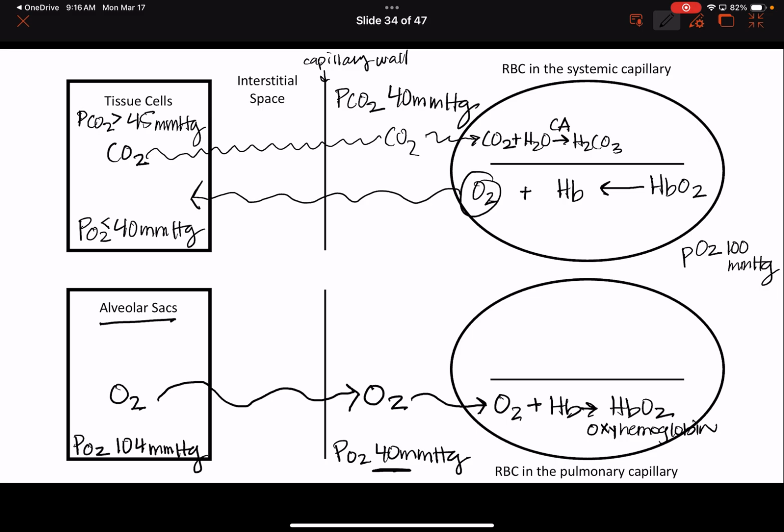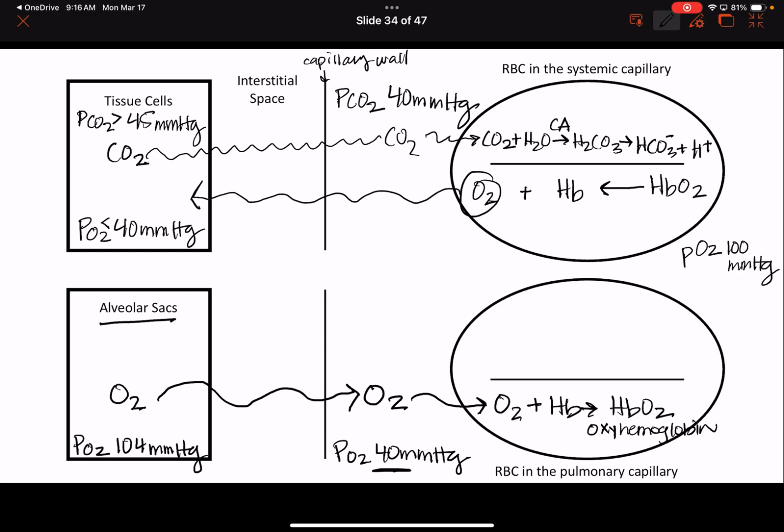And because carbonic acid is an acid and we're in solution, it's going to immediately dissociate into its parts. Now we're in a red blood cell here, but there's fluid inside that cell, so the carbonic acid is still going to dissociate. And when it dissociates, it's going to dissociate as a bicarbonate ion and a hydrogen ion.